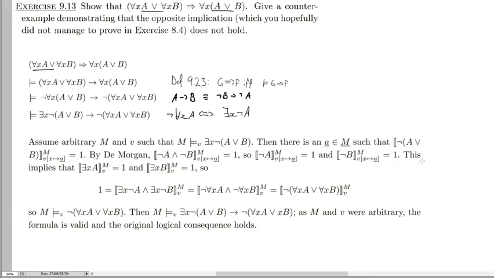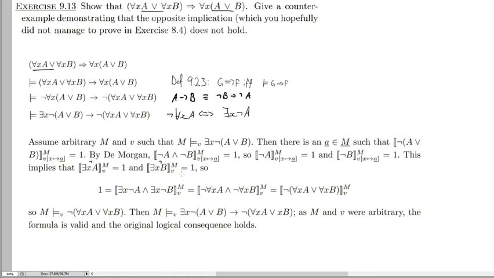Then this implies that there exists x such that the negation of A, and there exists x such that the negation of B. There's a little mistake here: these are two different x's, separate because they're separate quantifiers, but they mean the same thing, that these are evaluated to 1.